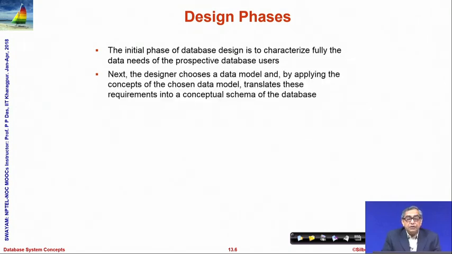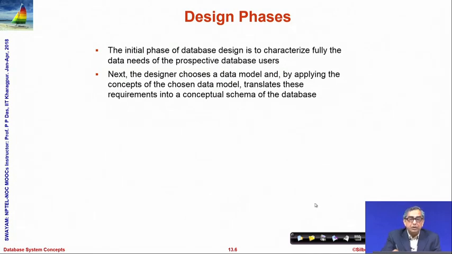Next, the designer has to choose a data model, because we cannot deal with a natural language or English kind of description and work towards getting a particular schema. So, we will need to use a data model and apply the concepts of the data model that we choose and translate the requirements into what is known as a conceptual schema of the database, which is not a very concrete one, but a conceptual one.